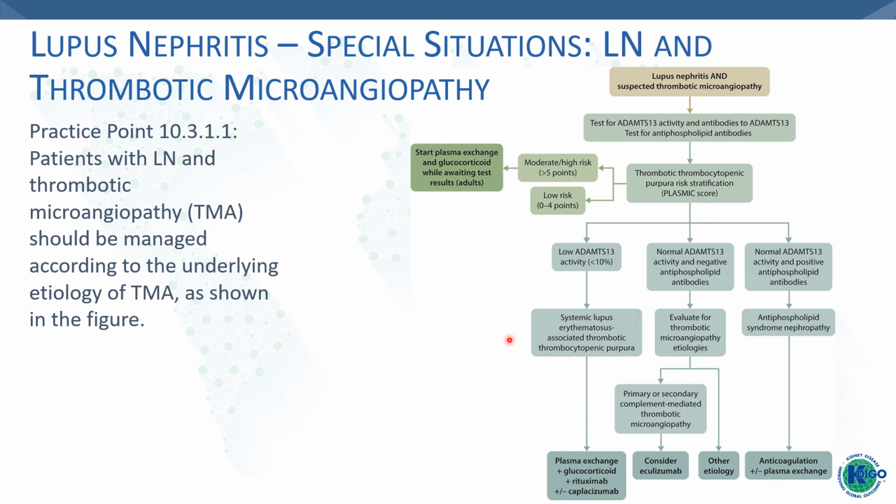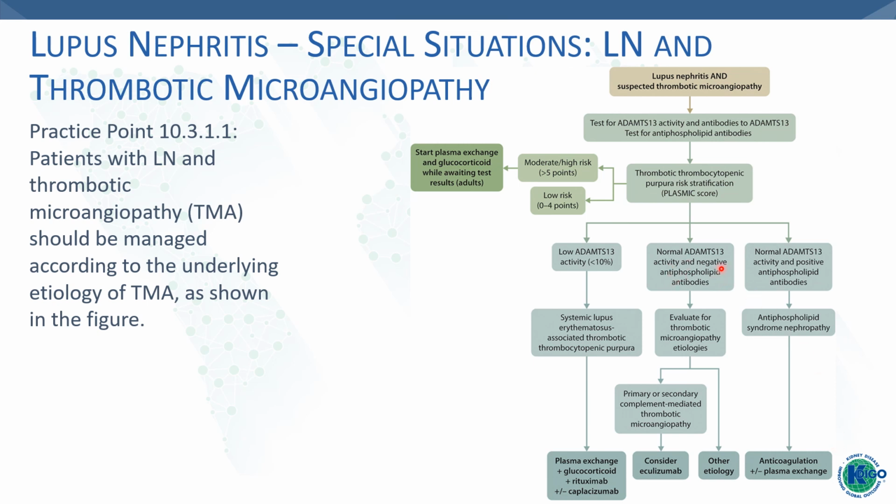Okay, after that, if you find that the ADAMTS13 activity is less than 10%, this is a case of systemic lupus erythematosus associated with thrombotic microangiopathy, and the treatment will be plasma exchange plus glucocorticoid plus rituximab plus or minus caplacizumab. If the activity is normal for ADAMTS13 and there are positive antiphospholipid antibodies, the diagnosis of the case is antiphospholipid syndrome, and the treatment is anticoagulation plus or minus plasma exchange.